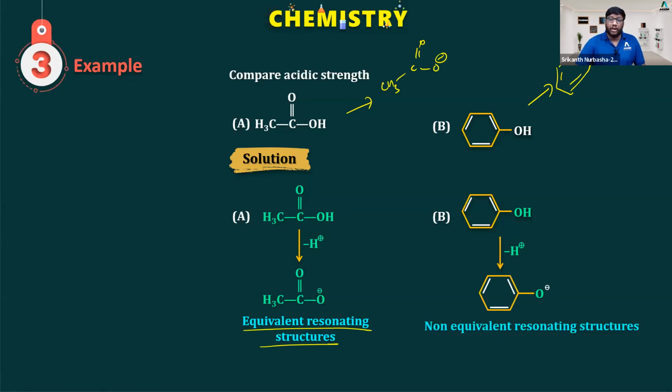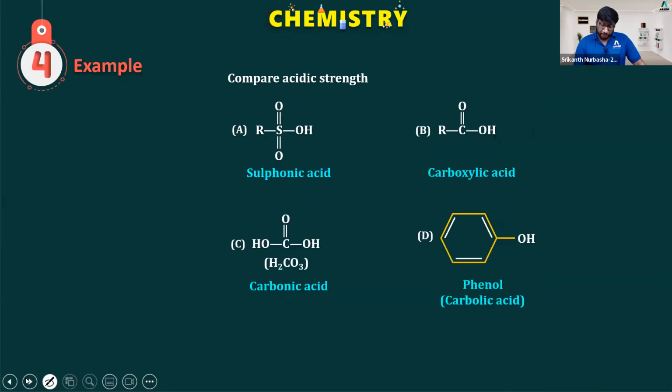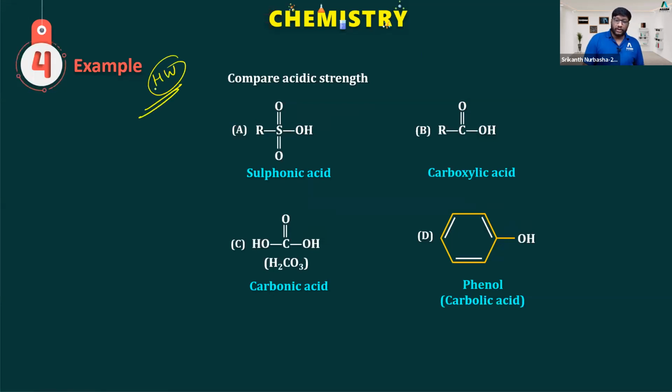Based on that, we can compare the stabilities, and non-equivalent resonating structures are less stable when compared to equivalent. So A greater than B. Try to compare here. You take this as homework.